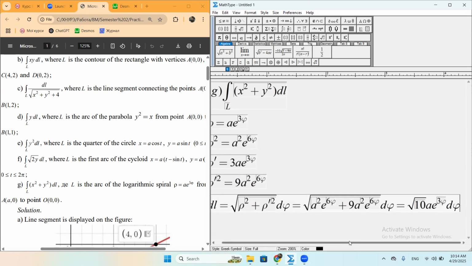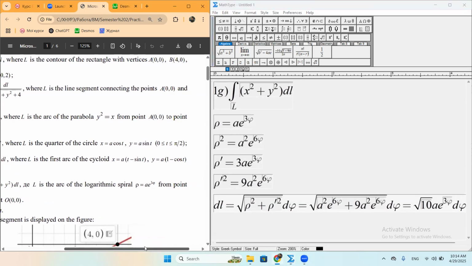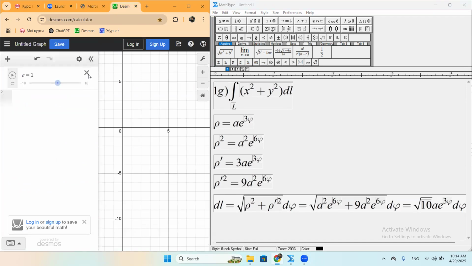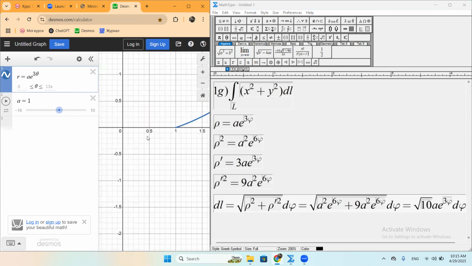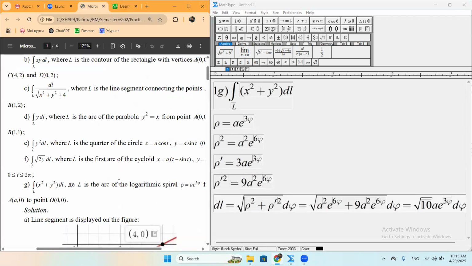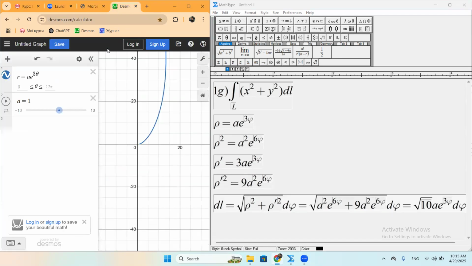So calculated. And what about the logarithmic spiral? Let's plot it. So from point A0 to point 0, 0.